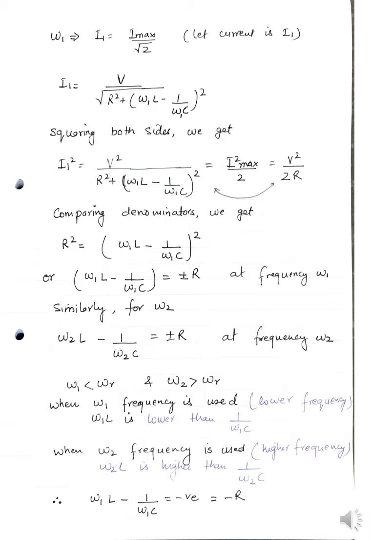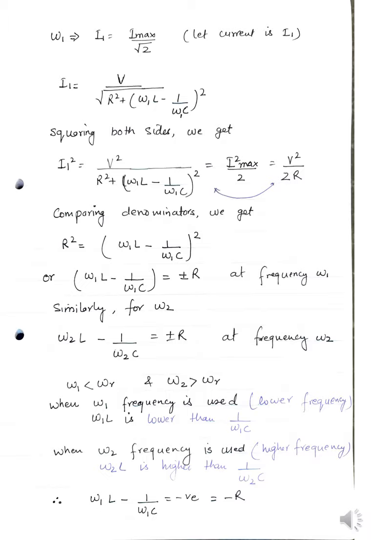Because if we are dividing by a smaller number, let's say omega 1 is 0.2, so this will be 0.2 L, and if L and C are of almost similar ranges, then this will be 0.2 something, and this will be 1 divided by 0.2, which is 5. So this factor will be greater than this factor, so this will be negative here.